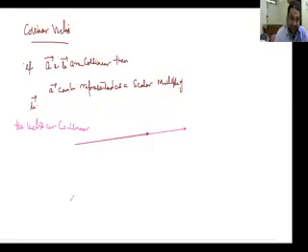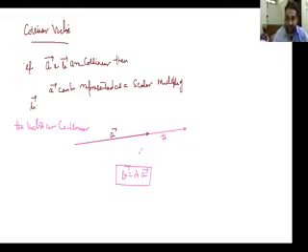Okay, the first method is the one which I have just now done. If A and B are collinear, then A should be represented as lambda times B. Correct? If A and B are collinear, then A can be represented as a scalar multiple of B, na? Yes or no? Yes, sir.